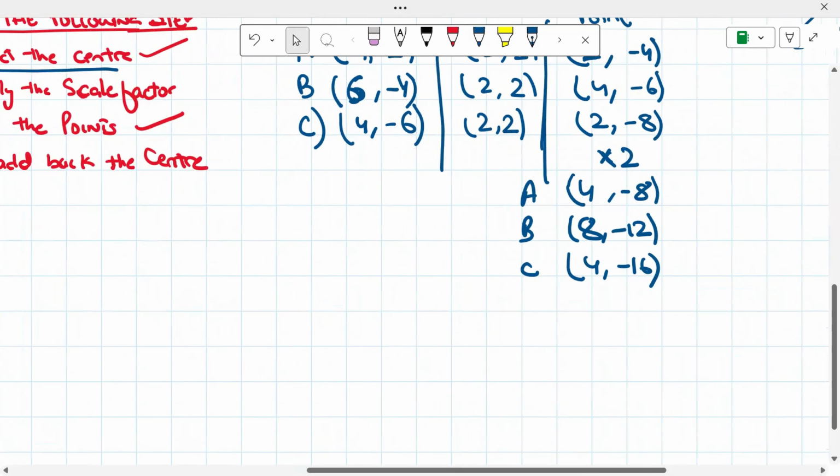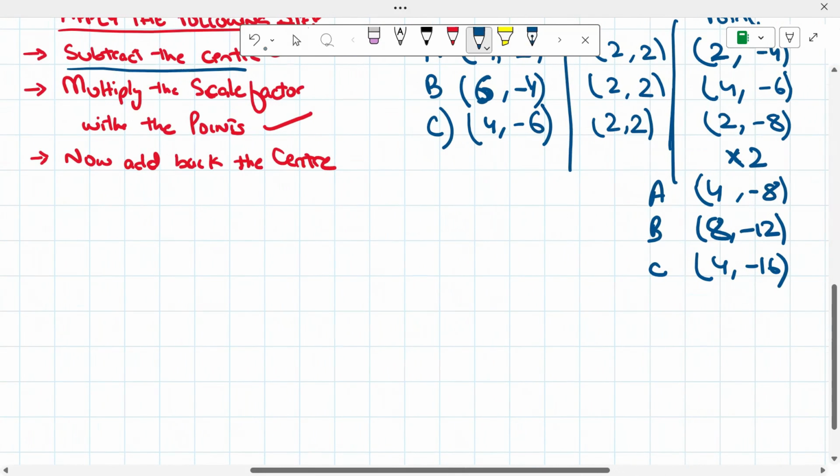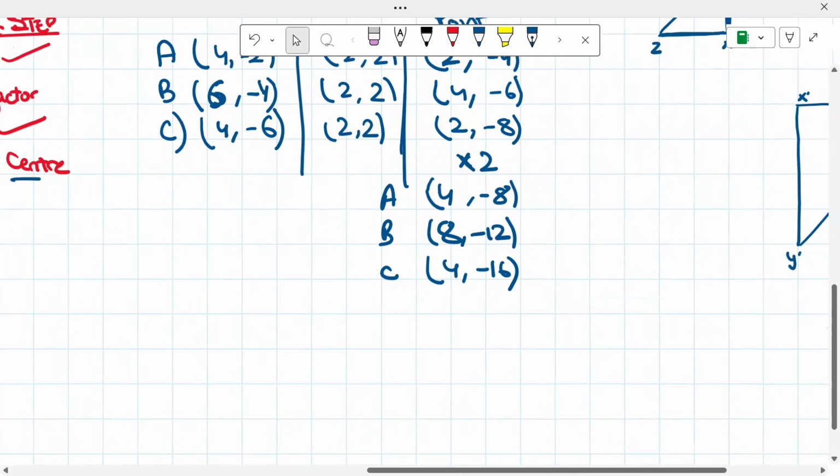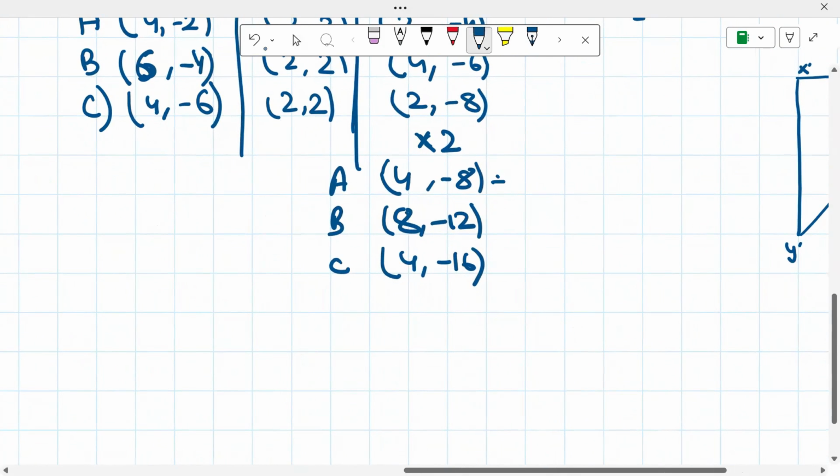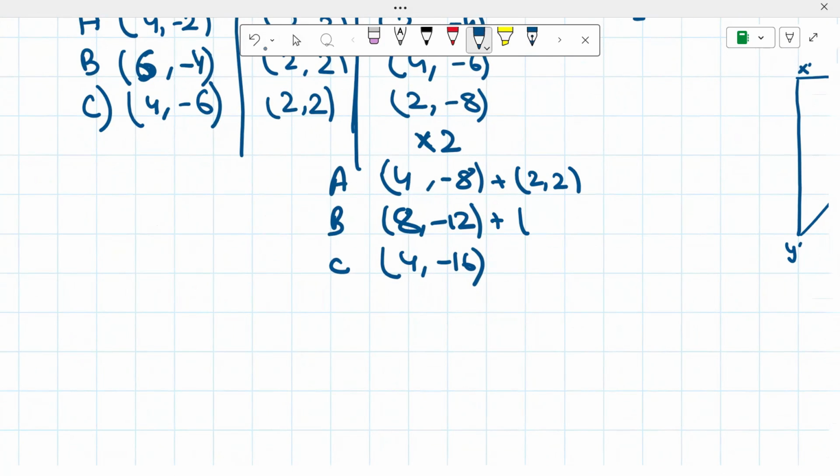Now, coming towards the third step, that is adding back the center point. So the center point is what? The center point is 2, 2. I will now add back 2, 2 to all these points.